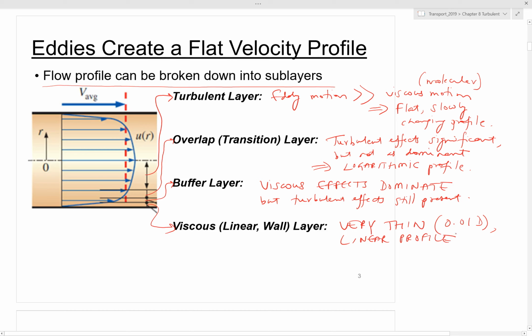And the thickness of this layer is 25 times your viscosity divided by the velocity at the edge of the layer.